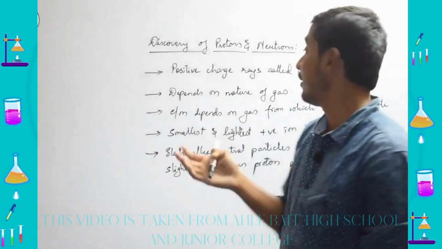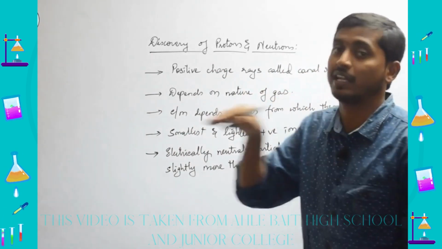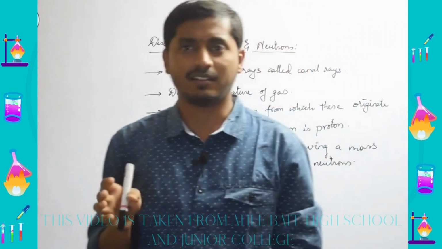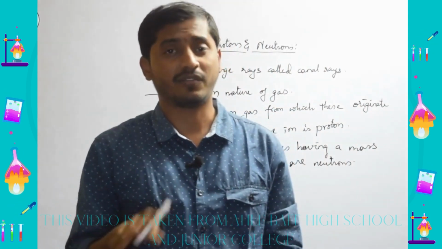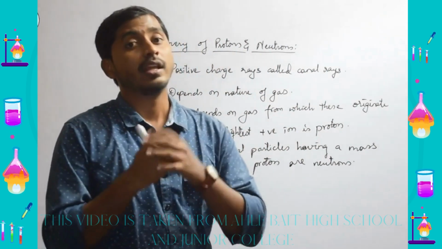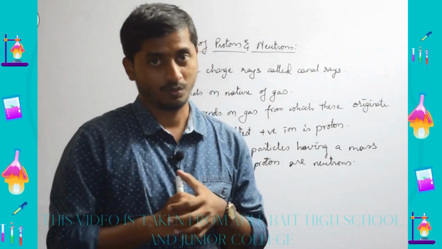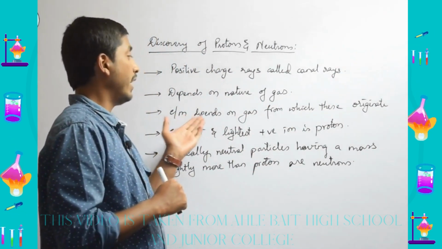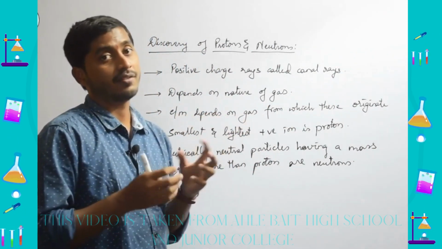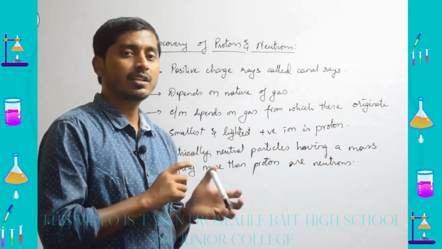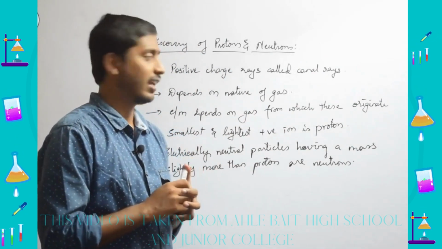They depend on the nature of the gas through which they pass, right. Before, we clearly discussed that electrons have no dependence on the nature of any material, but protons depend on the nature of the gas. The charge to mass ratio always depends upon the gas from which it originated, whereas for electrons it does not depend on anything, right.